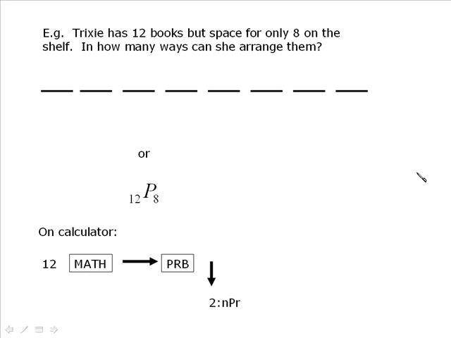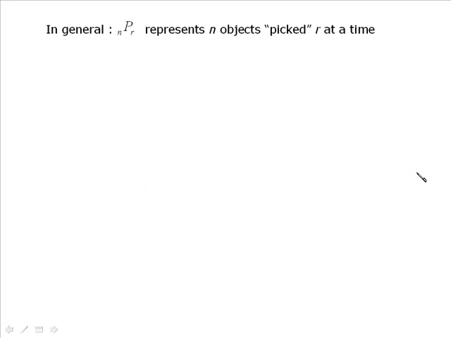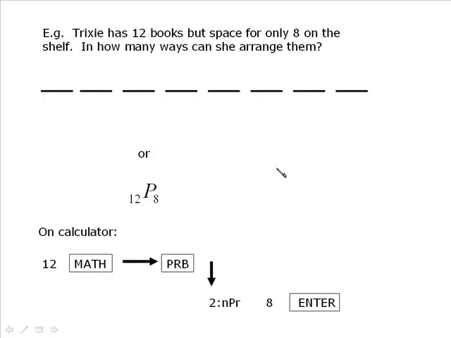So either press 2 or go take your cursor down there and then press Enter. If you press 2, you're okay. And then what happens? You get the same answer, equal to 19,958,400.